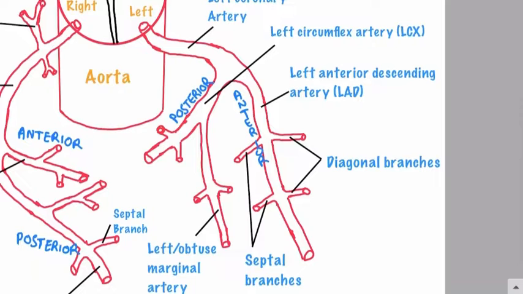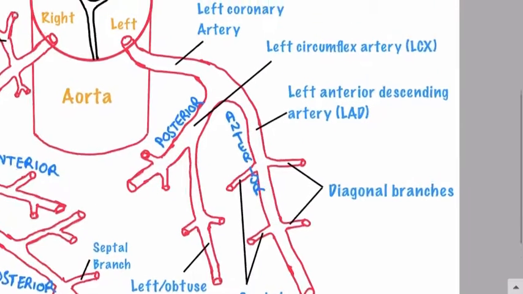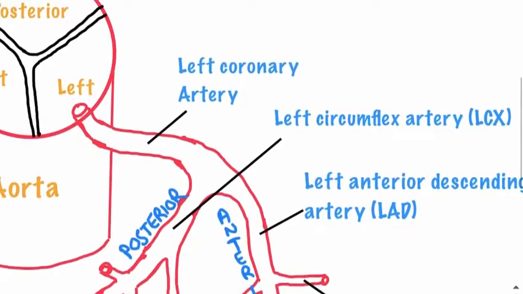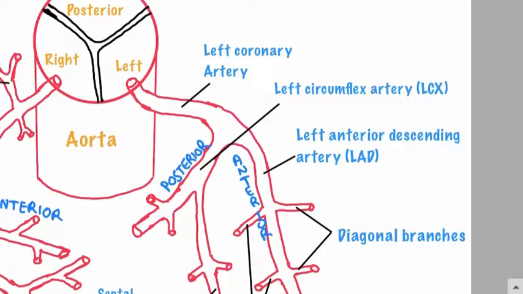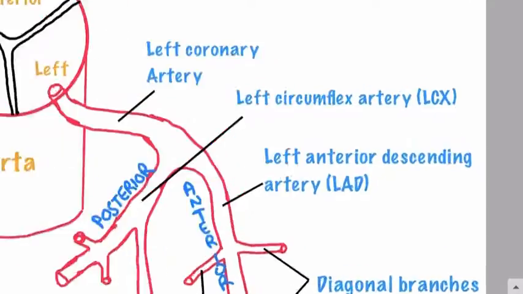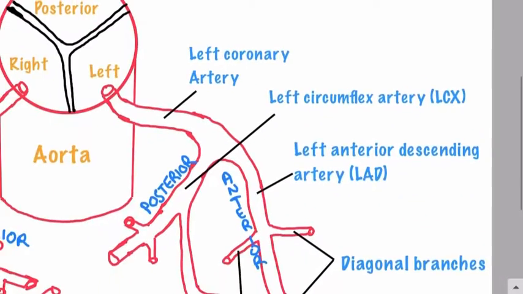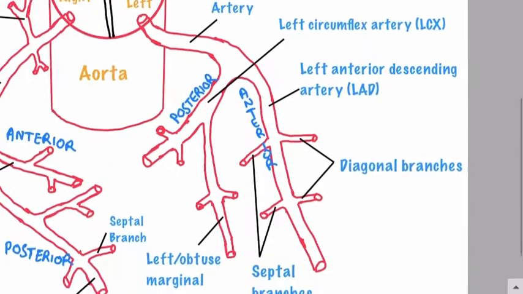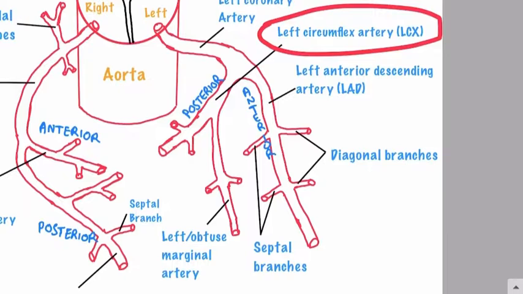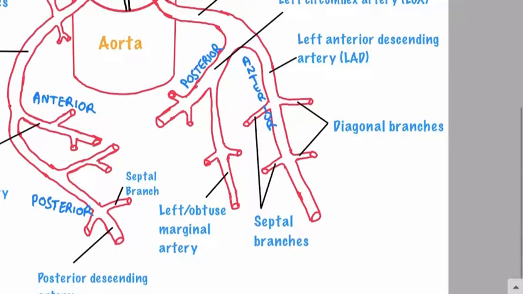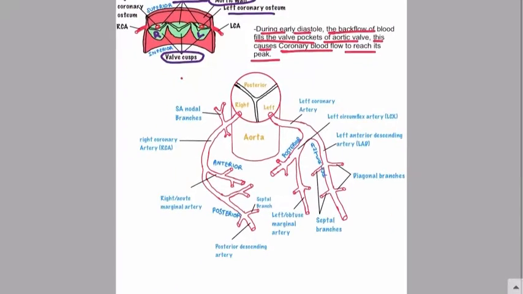Posteriorly, the left coronary artery gives rise to the LCX, which then runs posteriorly. The LCX also gives rise to a branch known as the left or obtuse marginal artery.